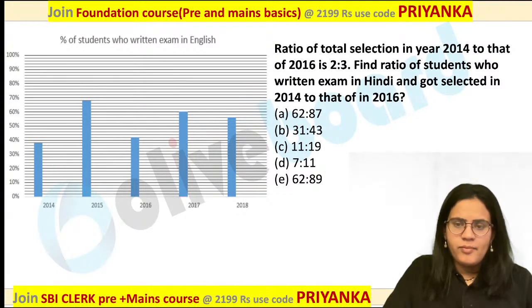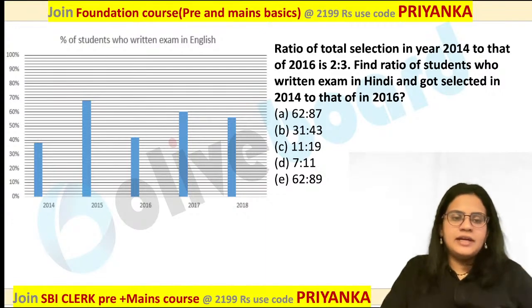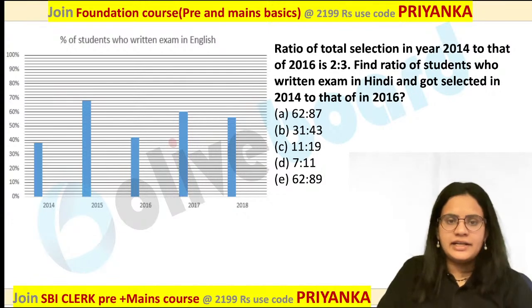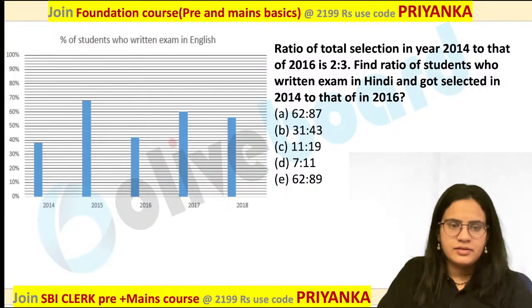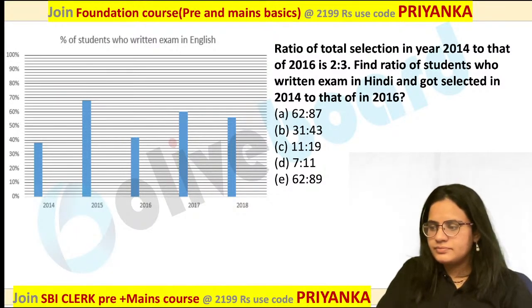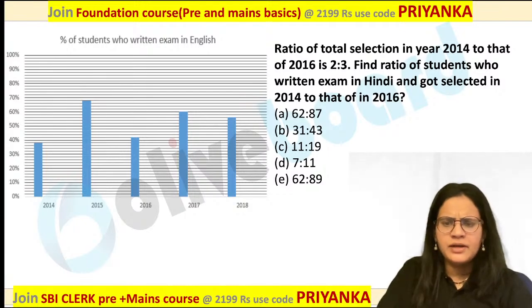The data provided here corresponds to the written exam in English, guys, so modify your data accordingly. It is a simple one based on the ratio. Should I tell you or is anyone else getting the answer here?